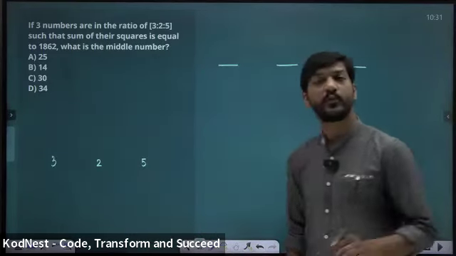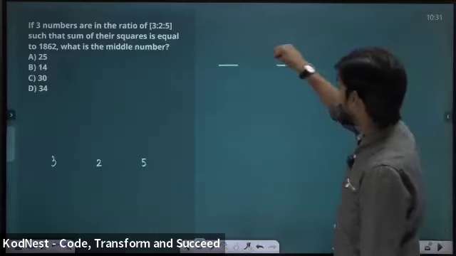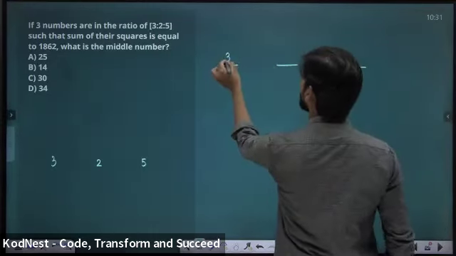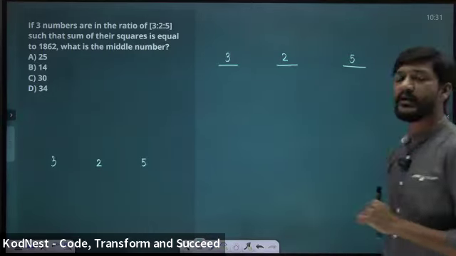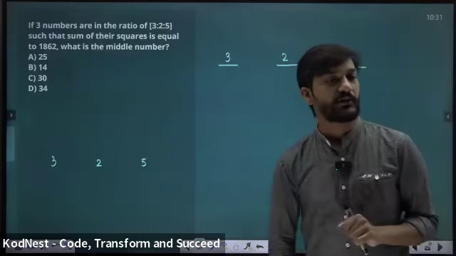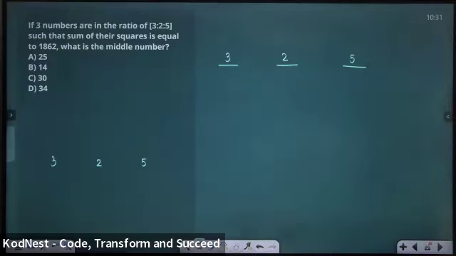Normally, I would solve it this way. I will directly assume the numbers as 3 to 5. But in this question, just a minute, I need to change the mic, right?